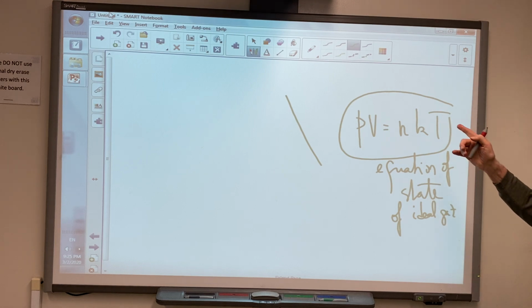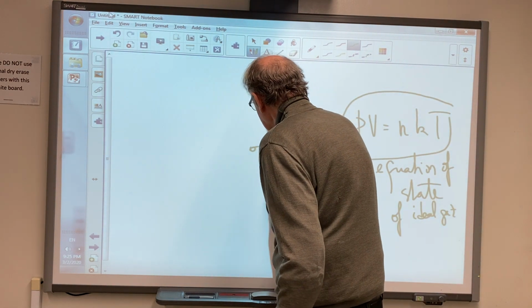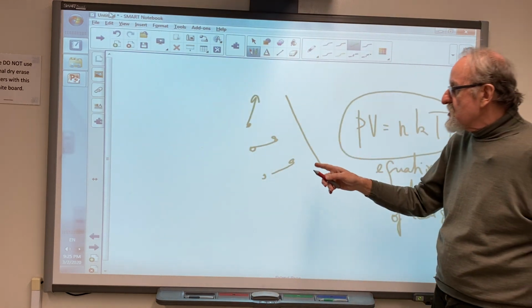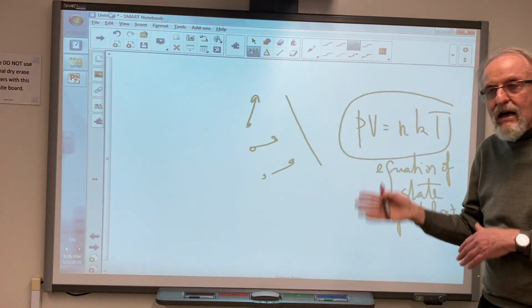Kinetic theory derives this. It actually calculates the molecules that are moving here, assuming they are moving with the Maxwell-Boltzmann distribution. So you calculate how many hit the surface at a certain angle.